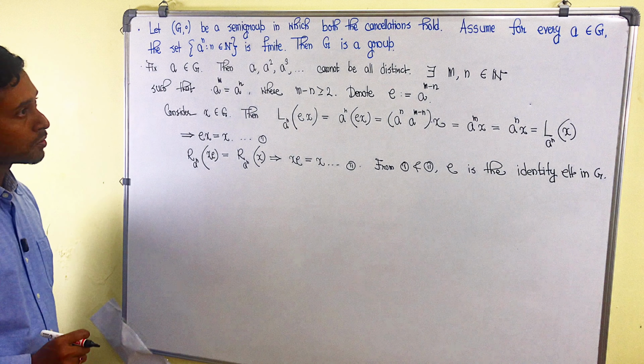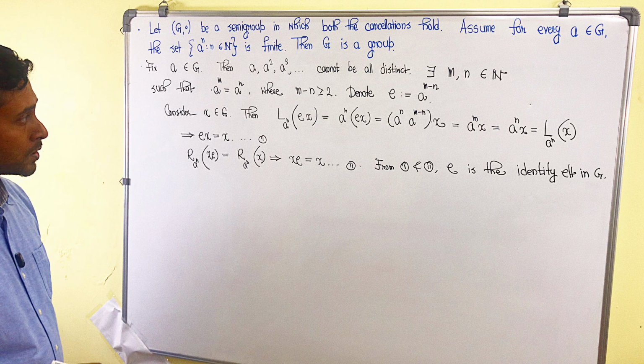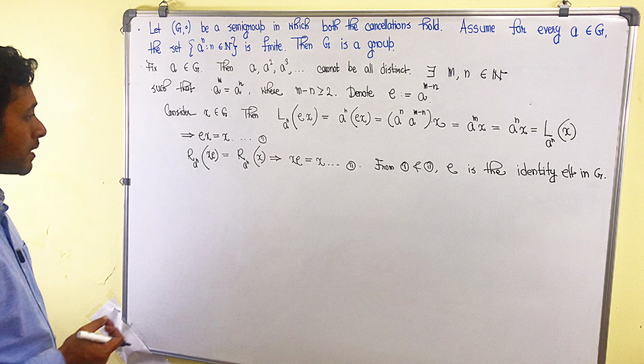Now we need to prove that every element is invertible. So let's pick an arbitrary element, let's say b. So let b belong to G. So we want to show that the inverse of b exists in the monoid G. So by a similar kind of argument, there exist positive integers r and s such that b to the power r equals b to the power s.